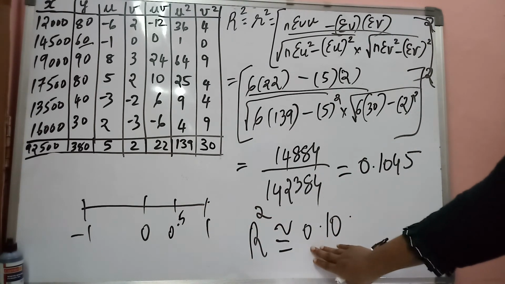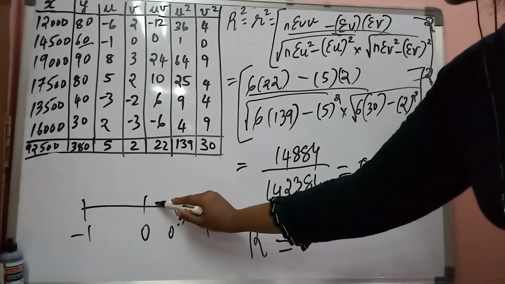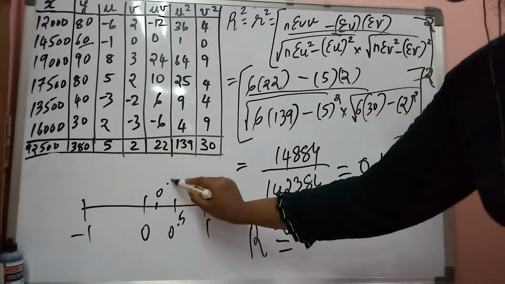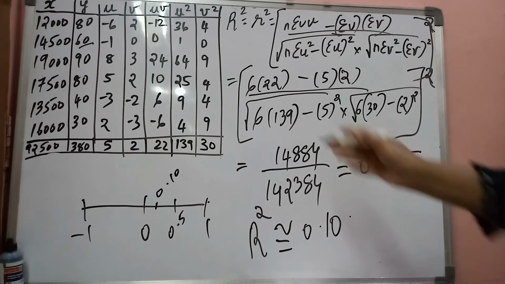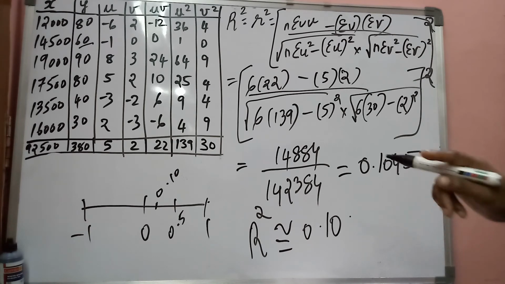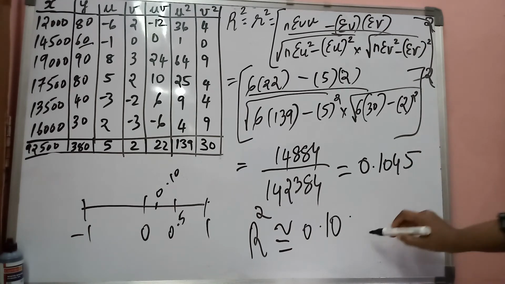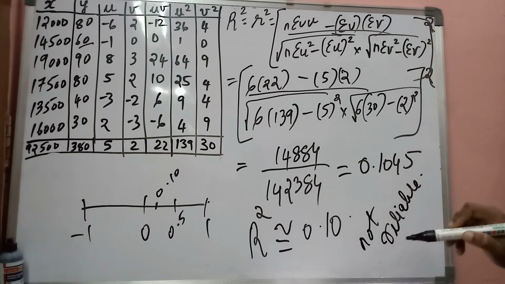Now 0.10 would be on this side, nearer to 0 over here. So what you have to write is, the value of r square is very near to 0. It cannot be said that the regression model is reliable. So it's not reliable. Clear?